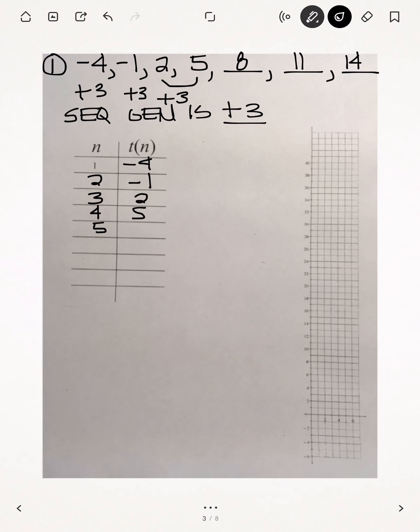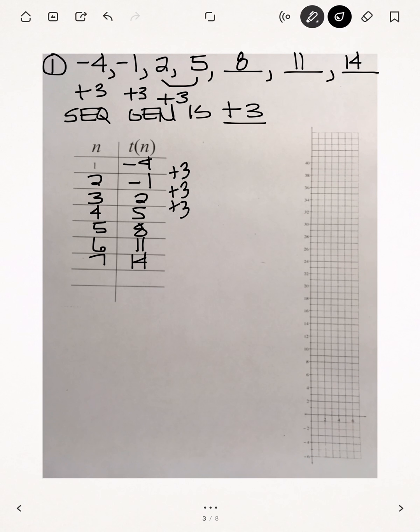My fifth term is 8. My sixth term is 11. And my seventh term is 14. And again, in your chart, you can see that n goes up by 1, and these go up by adding 3 each time.